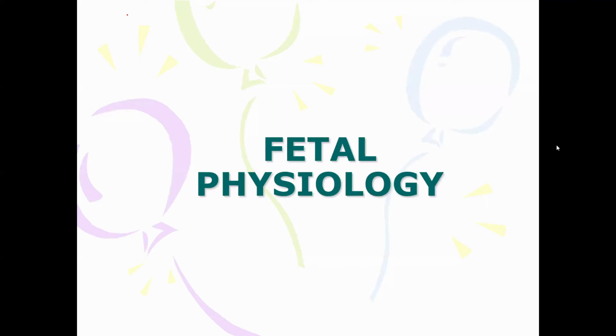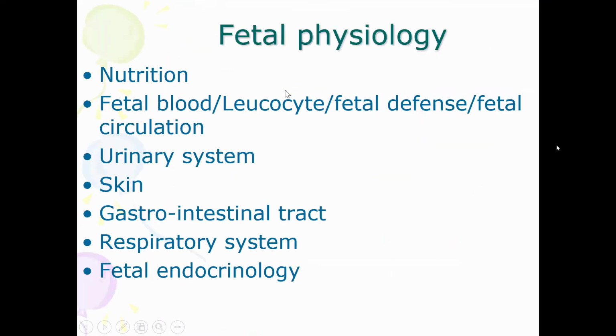Okay, so now let's discuss fetal physiology. In fetal physiology we'll discuss nutrition, how the fetus gets nutrition. First, in the embryonic part, within the tube, there is absorption. Initially during fertilization and the cleavage stage, the blastomeres get nutrition from the cytoplasm.